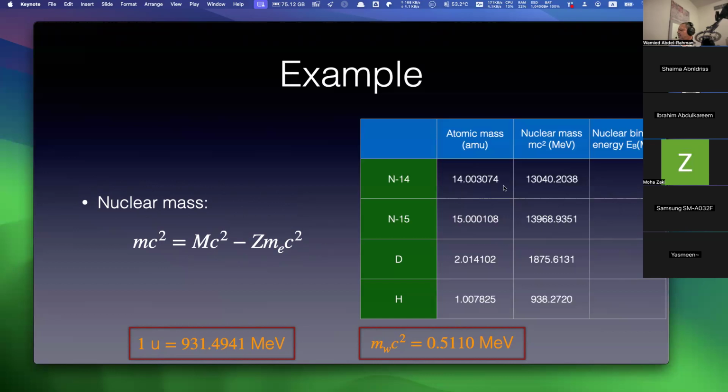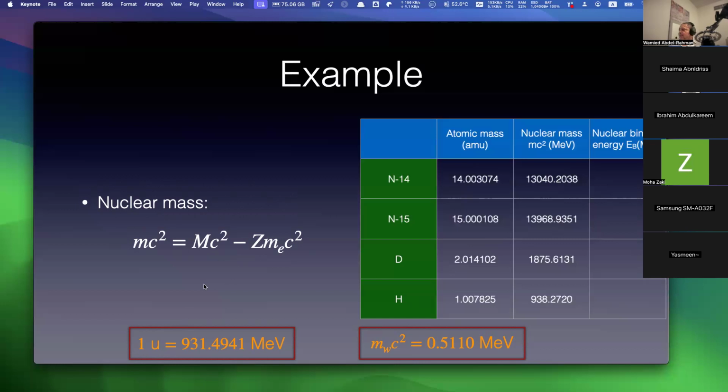We just need to convert everything in terms of MeV. So we use that one atomic mass unit equals 931.5 MeV, and the electron mass, m_e c squared, equals 0.511 MeV. Plugging this data into this equation will allow us to calculate the nuclear masses of these particles. And here I've done that, calculated from the data of the atomic mass units.